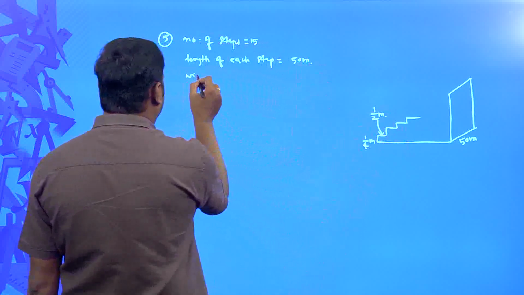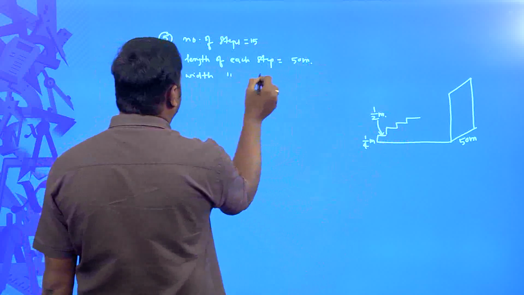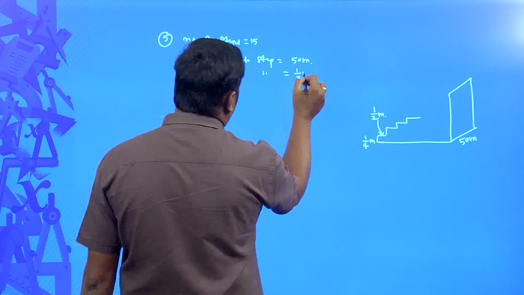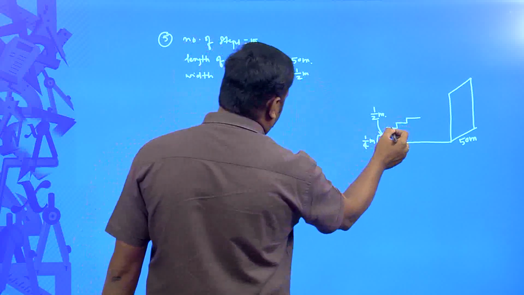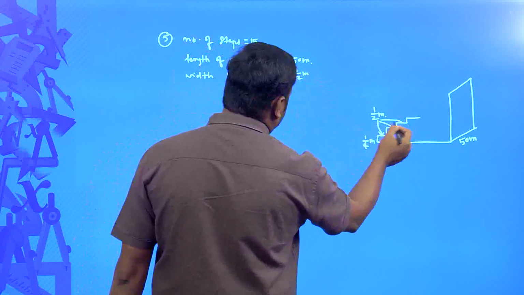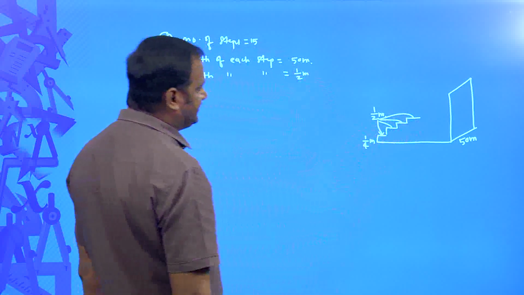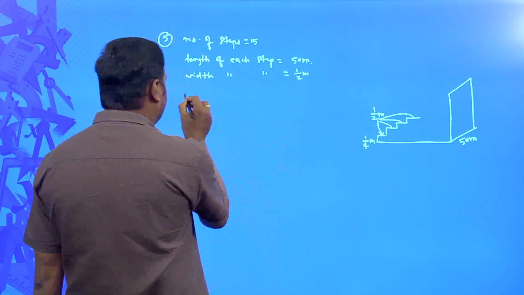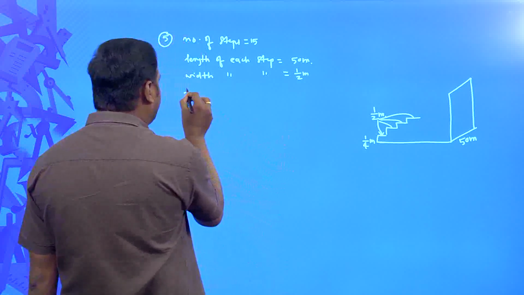So, the width of each step is half meter, and this could be the same, and this could be the same. So, the width of every single step is half meter, but coming to the height, the thickness or height.